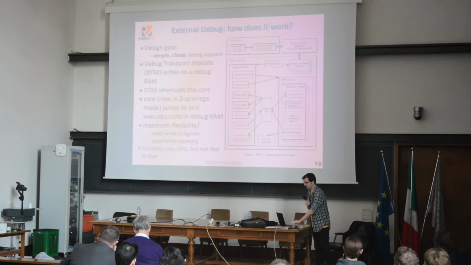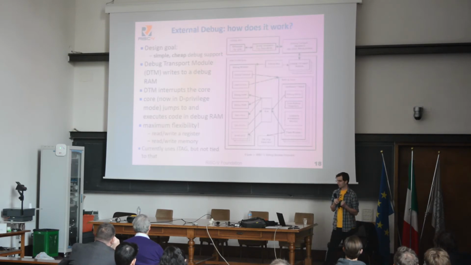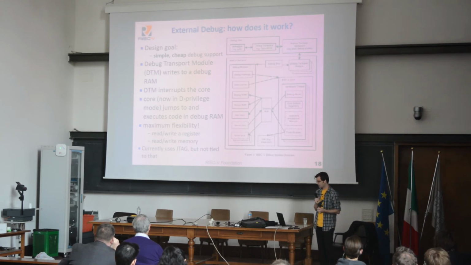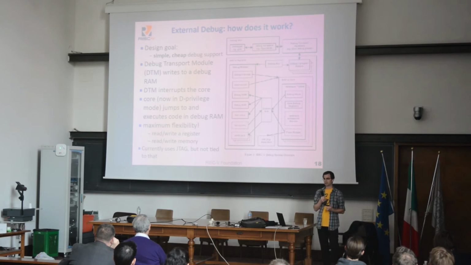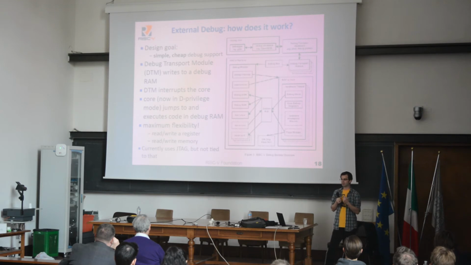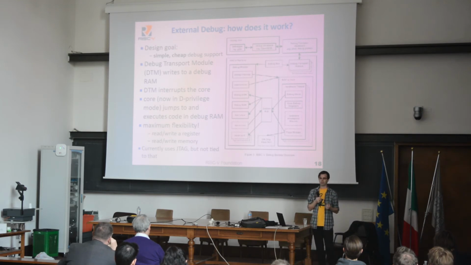And just to show an example of how this works, again, the goal here is that this is really simple and cheap. And you have a debug transport module. Unfortunately, with the resolutions, it doesn't work out. But the idea is, the DTM is going to write to some sort of debug RAM, and then the DTM can interrupt the core, and then the core jumps to a debug privilege mode, and it can start executing code out of the debug RAM.